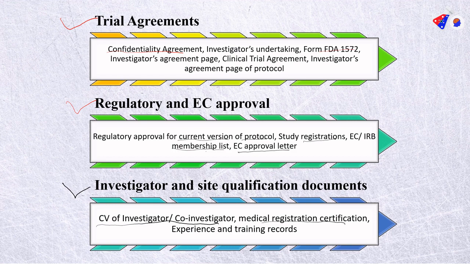Then we have the experience and training records, showing whether they have experience of conducting clinical trials, as well as whether they are trained in a particular trial, or have GCP certification. So these are all the documents which would be involved in the site regulatory package.